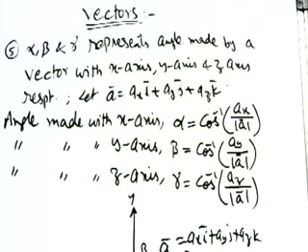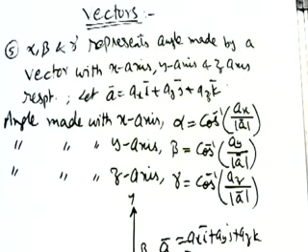Suppose vector A is ax i plus ay j plus az k. Then the angle made by it with the x-axis is alpha equals cos inverse of ax by mod A. In the same way, beta will be cos inverse of ay by mod A, and gamma will be cos inverse of az by mod A.